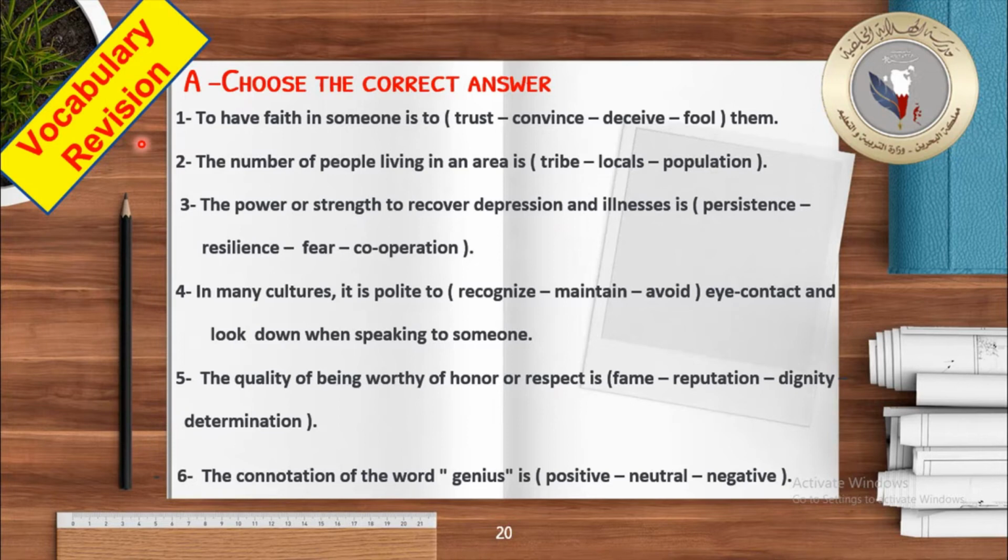Okay. Number one, to have faith in someone is to trust, convince, deceive, fool them. Try to follow my strategy. I will tell you a strategy for dealing with such types of questions.